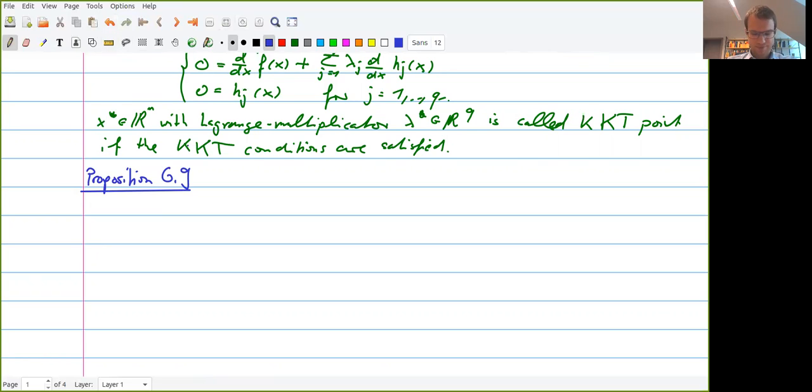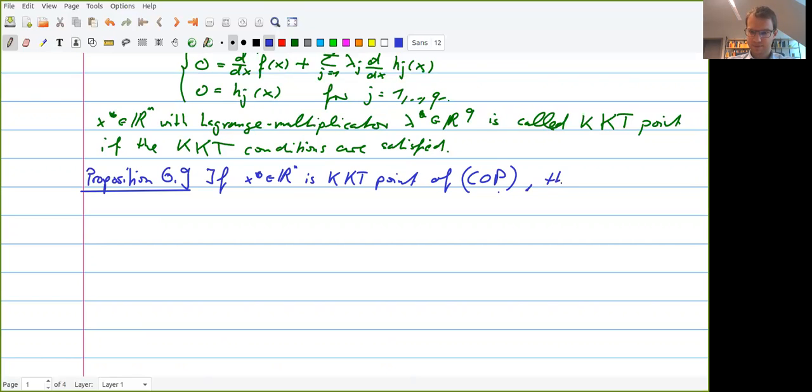All right, so this is proposition 6.9, which tells you, well, if I have such an x star, and it is a KKT point, so Karush-Kuhn-Tucker point, of our convex optimization problem, right? So it has to be in the context of this setting here.